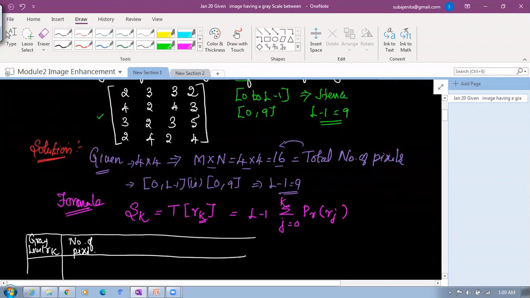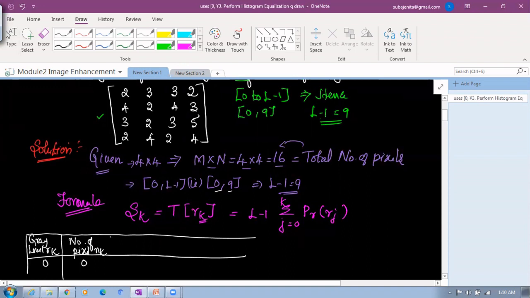As you know that histogram is a plot with respect to the gray levels against the frequency of occurrence. That is nothing but the number of pixels nk. So it is very clear that the gray level ranges from 0 to 9. So first let me represent the first gray level 0, and the number of occurrence for this gray level, it is not seen in the image segment at all.